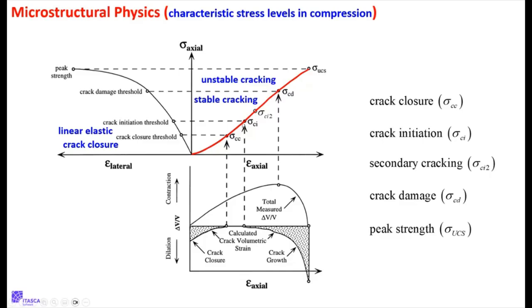But there is actually evidence, even during here, that something is happening that's damaging it. And I know that because if I look at this curve, if you look really closely, this is not linear. It's linear at the first part, but this one is a little less linear. Now, if it was purely linear elastic, this is the Poisson ratio, and this would have to be straight. The fact that it's actually bulging a little more than it would if it was elastic means that there is damage happening.